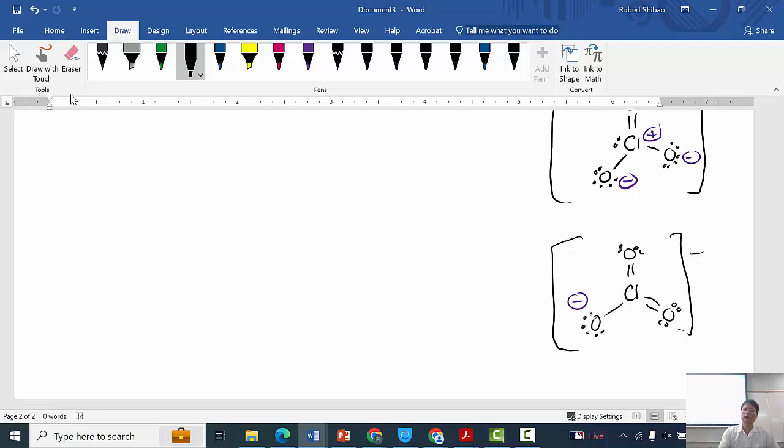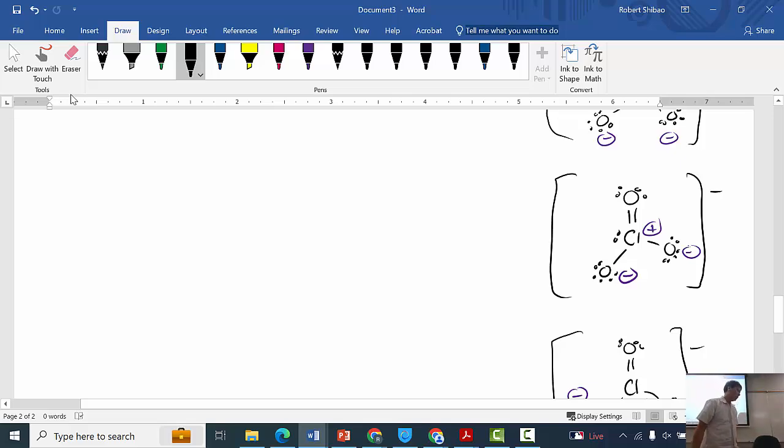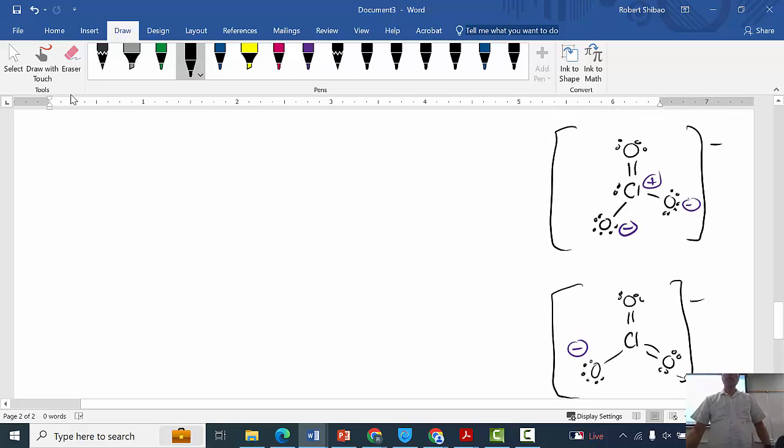A negative charge there. But it doesn't matter which of these 3 structures I go with. All of them will have a plus 5 oxidation state on chlorine. Meaning it wants electrons. Whether it's got a 0 formal charge or a plus 2 formal charge, it wants electrons. We primarily use formal charge when we're looking at acid-base and Lewis structures. But when we do redox, we just primarily care about the oxidation state.